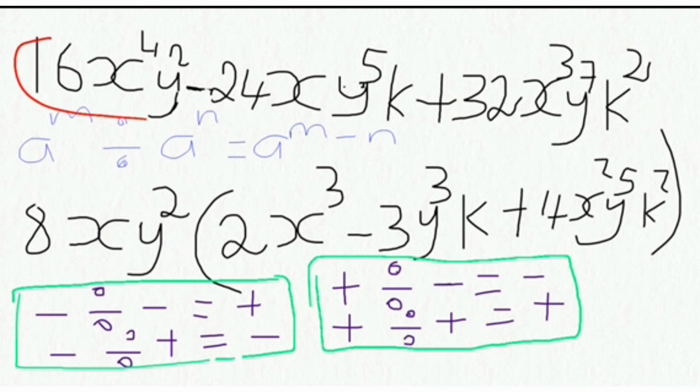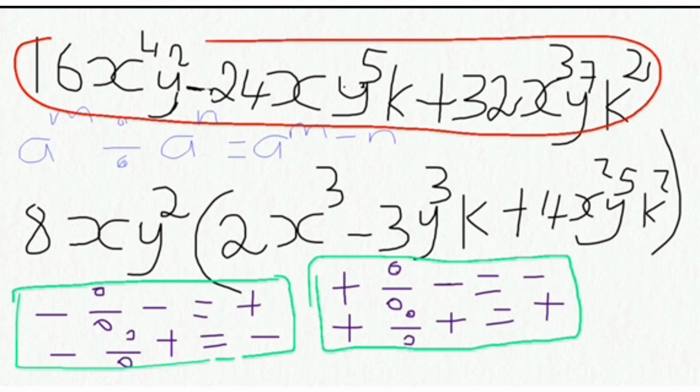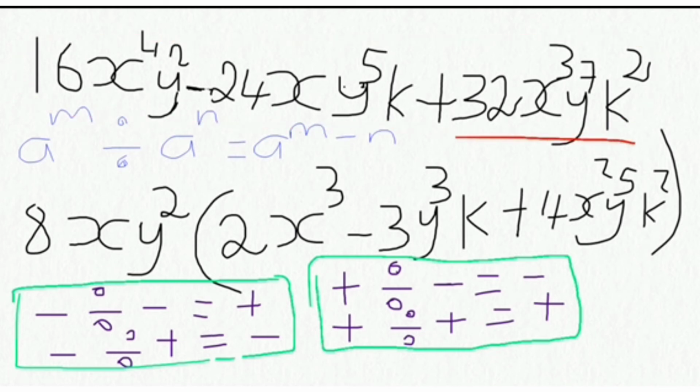Since we have three terms, we must write three terms inside the bracket. Very important, take note. When we divide the first term by our highest common factor, we write it here. We divide the second term by our highest common factor, we write it here. And then we divide the third term by our highest common factor, and we write it here.